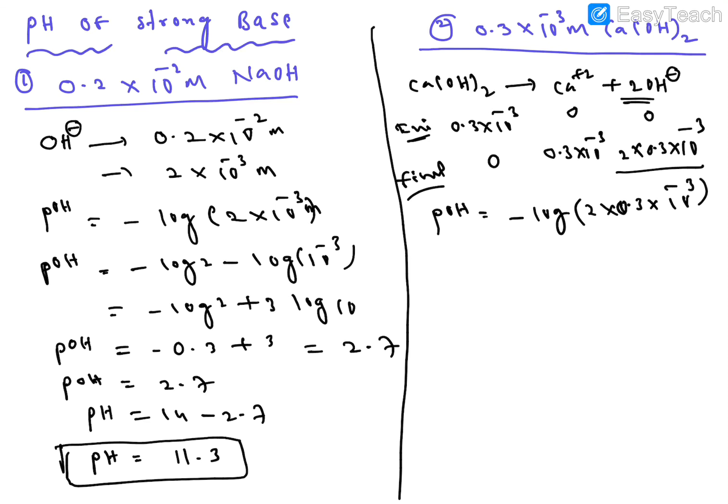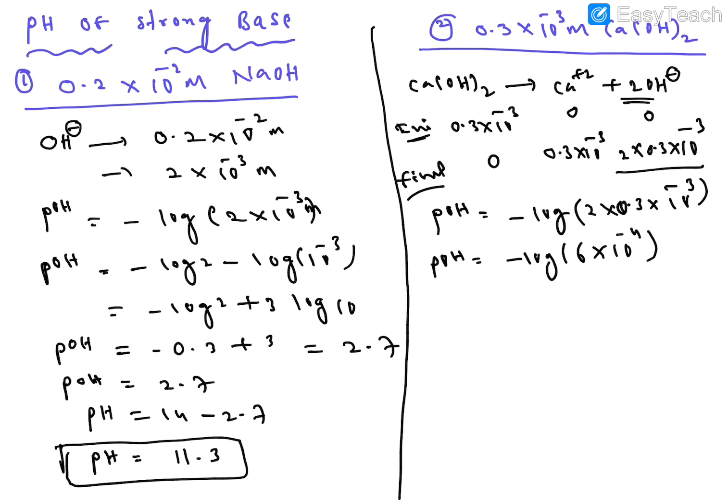So we can calculate here, the pOH is equal to the negative log of 3 into 2, 3 into 2 is 6, 6 into 10 to the power of minus 4, that normality.